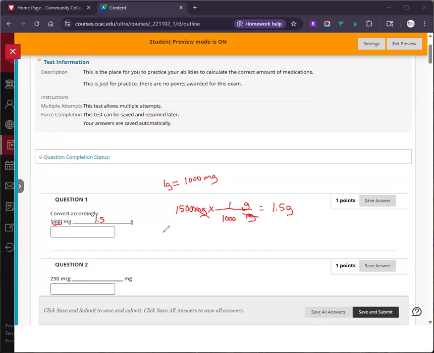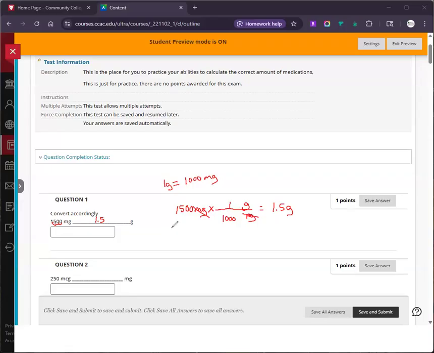Let's say this was, and this will be a challenge for you. I'm going to write an alternative question using the same kind of milligrams and grams, and I want you to put your answer into the chat box if you can. If you don't feel confident in your answer, you just put question, not sure, or just don't answer.